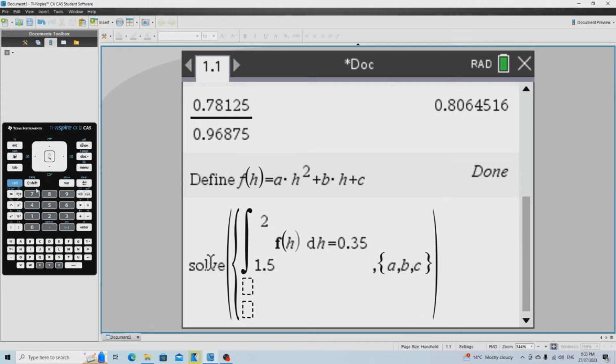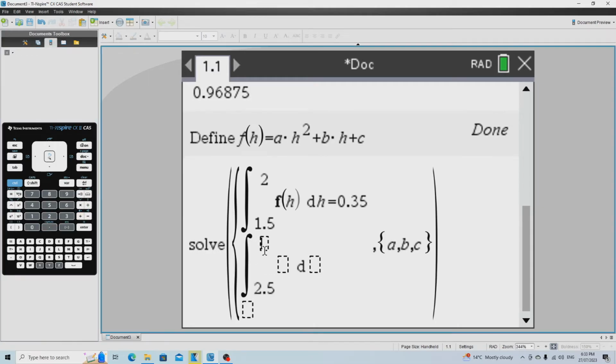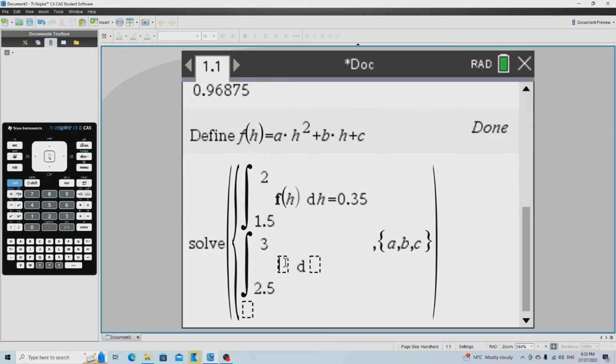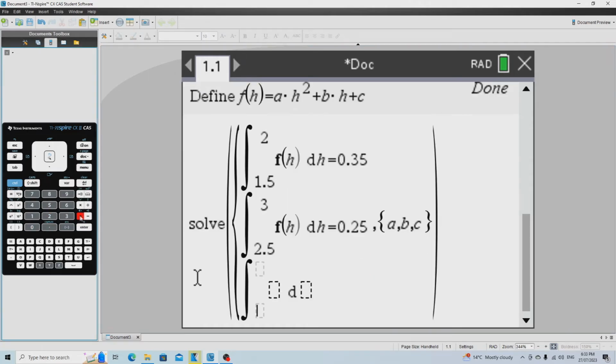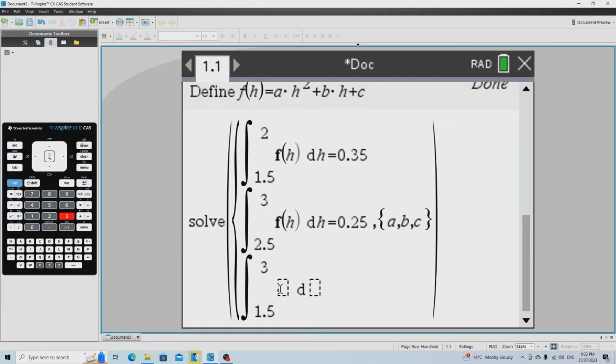The next one is the integral from 2.5 to 3 of f(h) dh equals 0.25. The next one is the integral from 1.5 to 3 of f(h) dh equals 1.